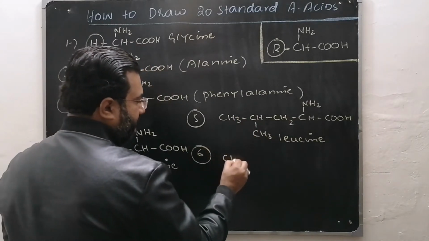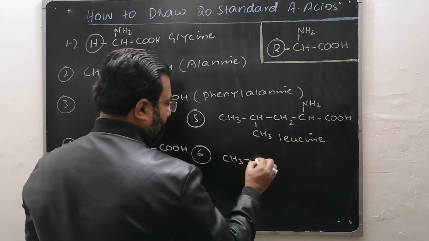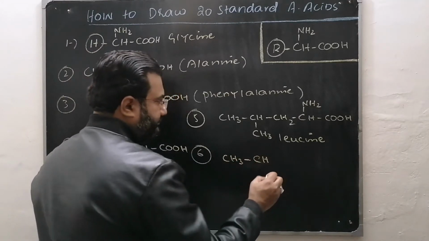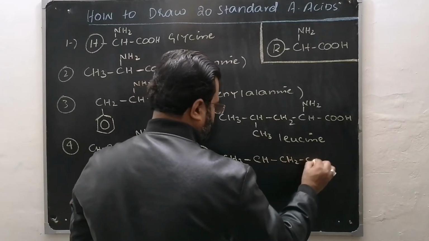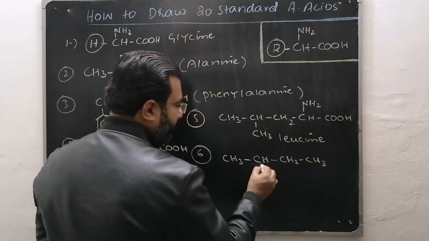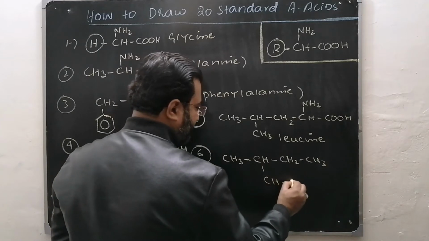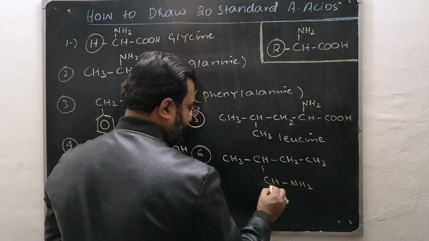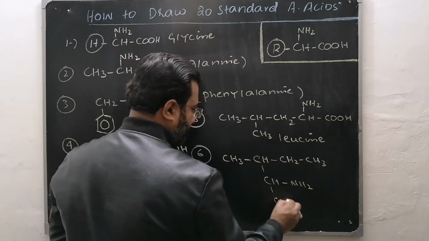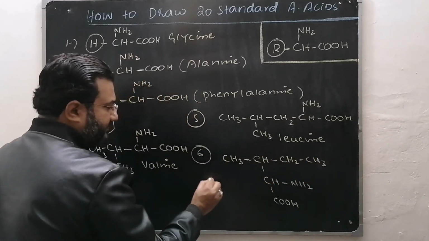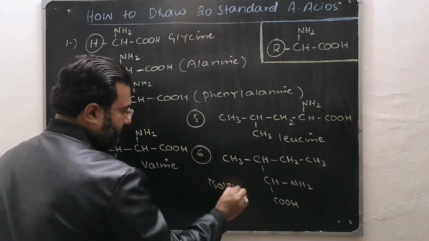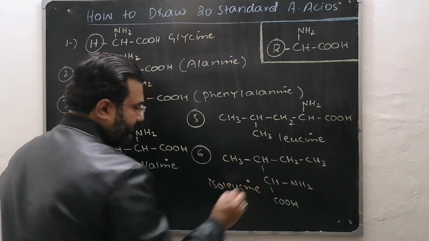If secondary butyl is placed at the place of the R group, then you will get isoleucine.